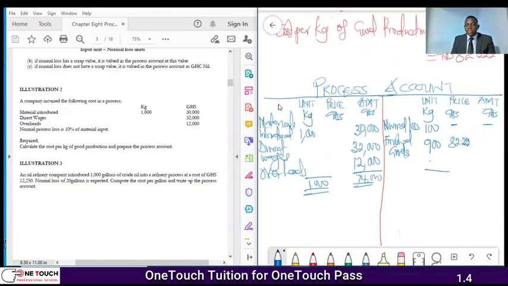So at the end of the day, our total cost is 1,000. Now what is 900 times 82.222?